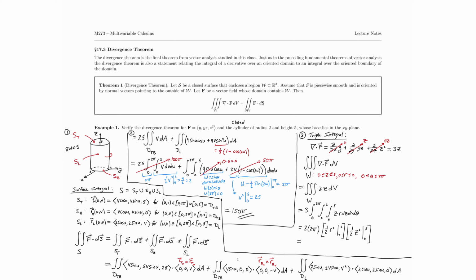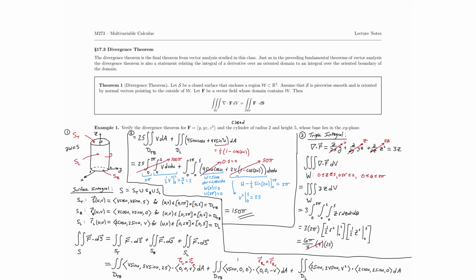Okay, so this will be 6 pi over 4 times 4, because I factor out the 1/2 and the 1/2, there's the 1/4. 2 squared is 4, and 5 squared is 25.